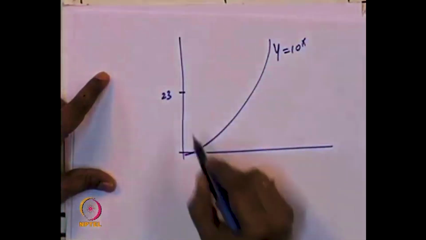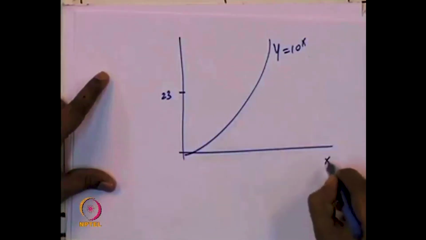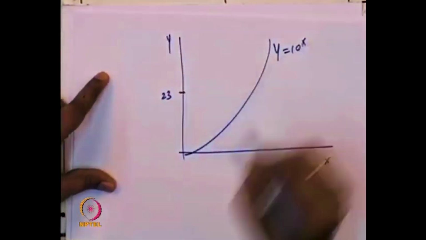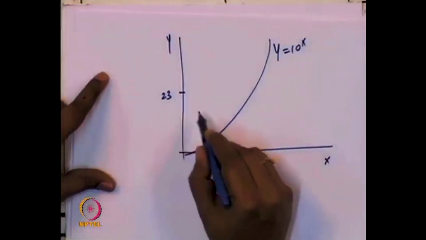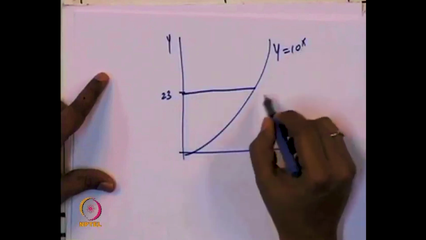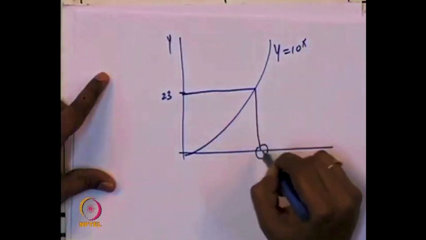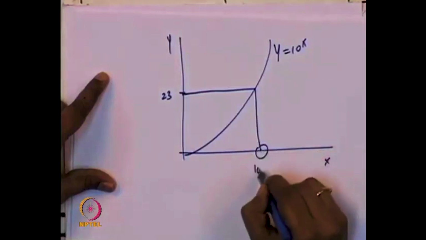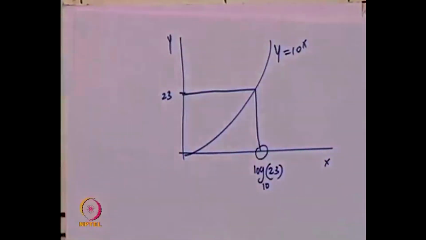If you want to calculate the log of 23, this is x, this is y, and this curve is y equal to 10 power x. Draw a line, and wherever it hits the 10 power x curve, bring it down, and this value is log of 23 to the base 10.